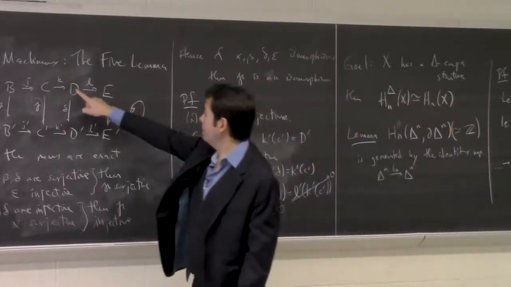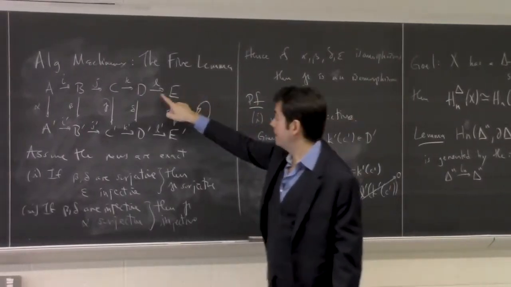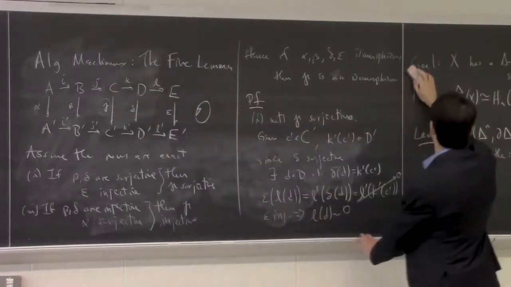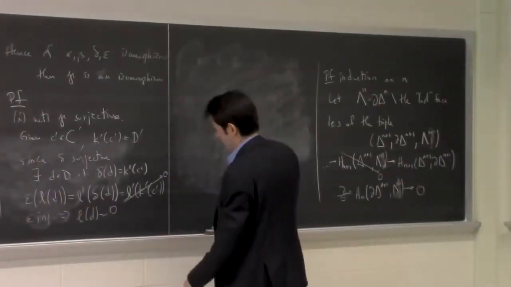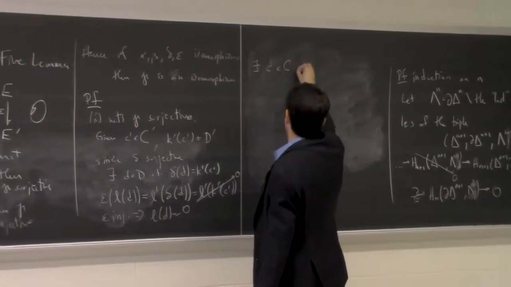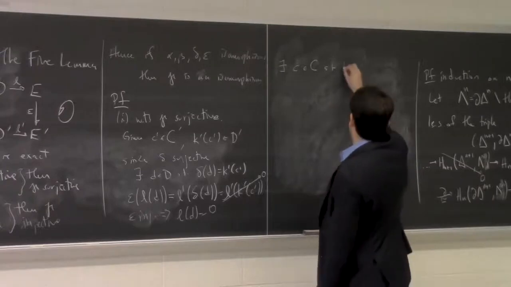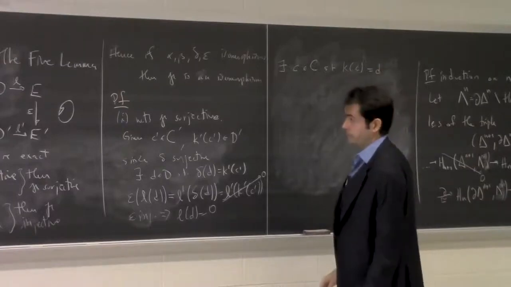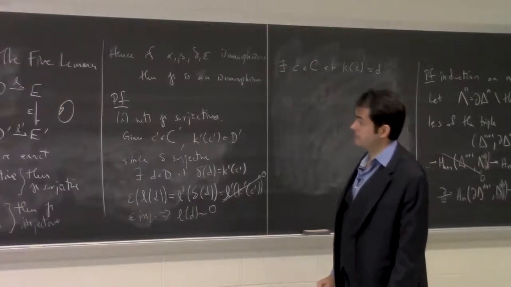Okay, so we have an element here, and we've shown that if you go to the right, you get 0. Because the top row is exact, if it's in the kernel of L, it must be in the image of K. So that means there exists C in C such that K of C is equal to D. Wonderful.